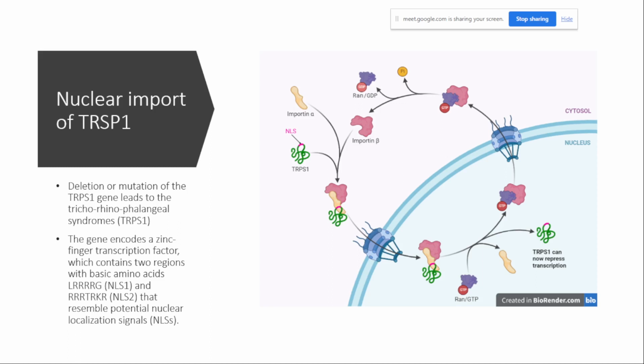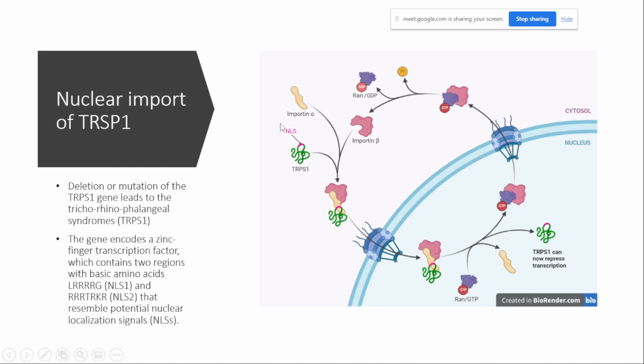Due to some interaction with other proteins, the NLS is smashed between the proteins. Very good, exactly. That can be a very good reason. If the protein's NLS is involved in interacting with another protein, then the NLS will be masked, shielded.